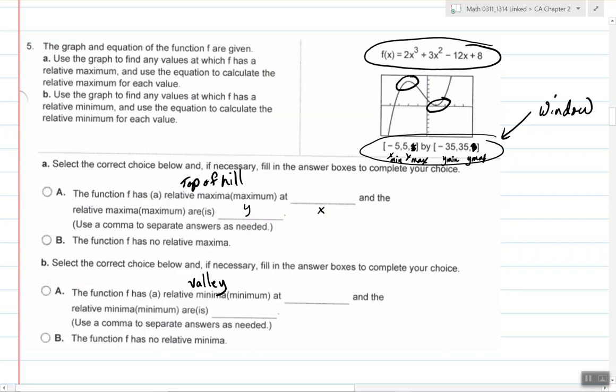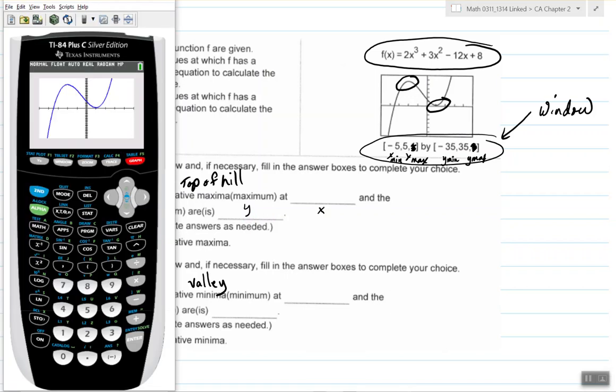Okay, now let me show you, and this is in your formula packet. If I want to find the coordinates of the maximum, what I'm going to have to do is do second of the trace key, which is calc. We've used it for intersection before, but we're going to choose number 4, which is maximum.